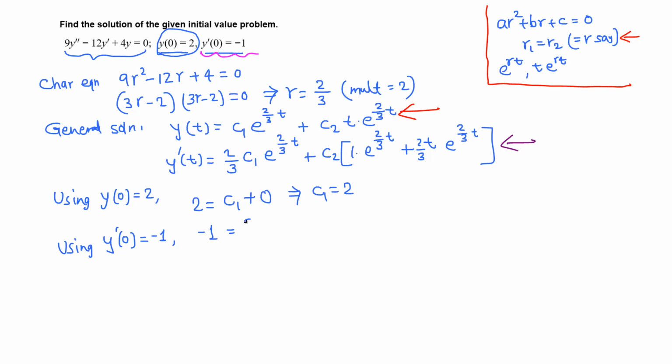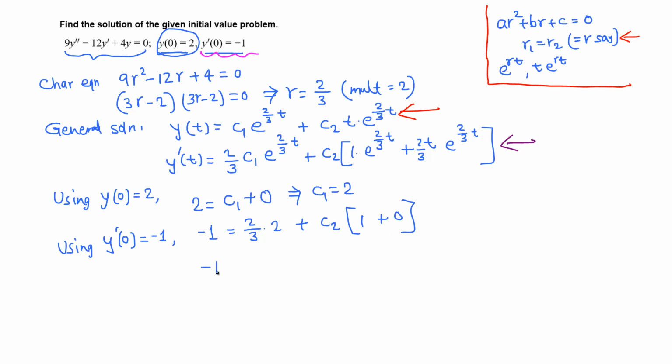So 2/3 times C1, and C1 is 2, plus C2 times, C2 is to be determined, 1 times e raised to 0, which is 1, plus 2/3 times t, and t is 0, so that is 0.